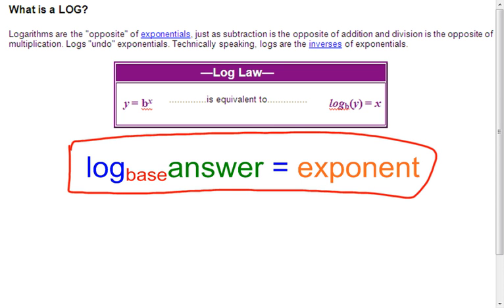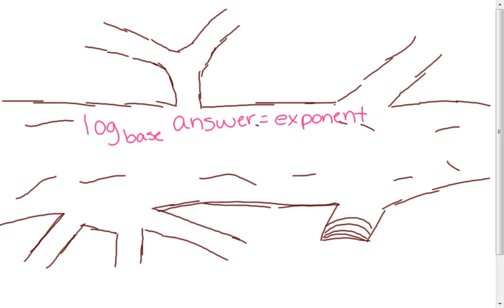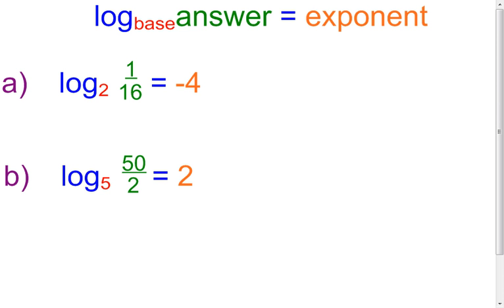So you can go like this: base, exponent, answer. And you can flip back and forth between these two forms, and you will be doing that a lot. Base, exponent, answer is the same as log base of your answer equaling your exponent. All right. We've got a little log sheet here. We will add to this log sheet as we go.